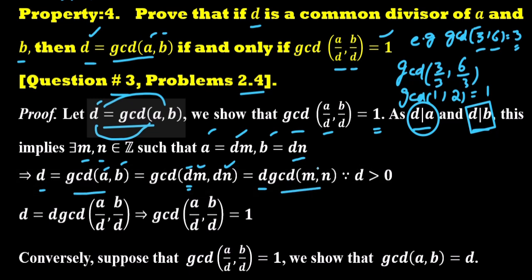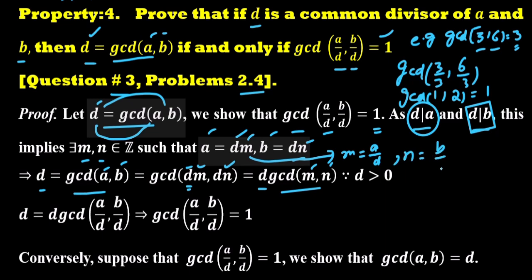Now again substituting the values of m and n: our m is equal to A over D and our n is equal to B over D. So substituting m and n in the form of A, B and D, this becomes GCD of A over D, B over D. And lastly, by cancelling out this D with this D, this becomes GCD of A over D and B over D is equal to 1.